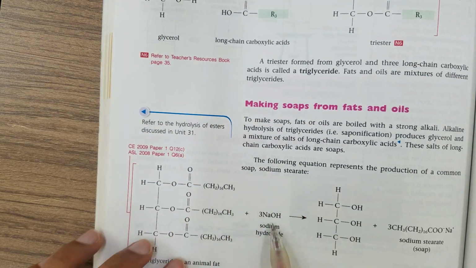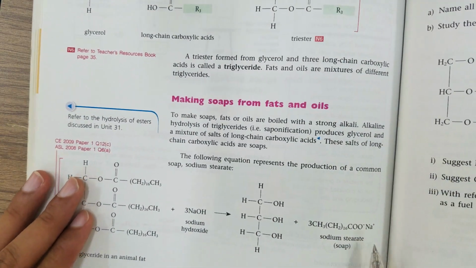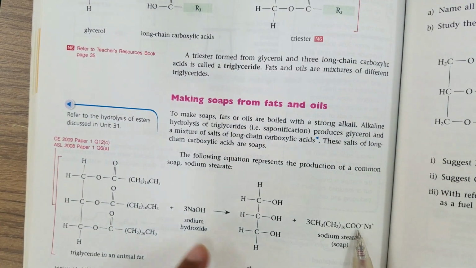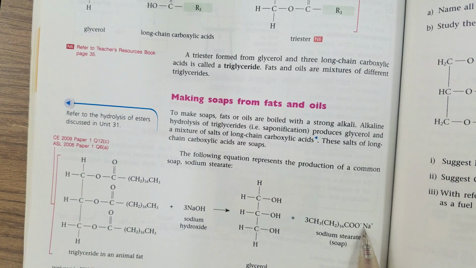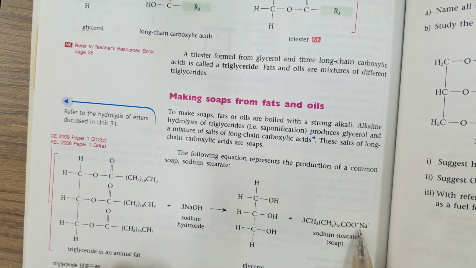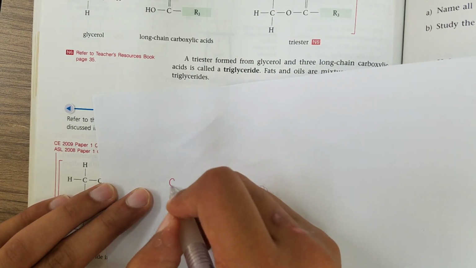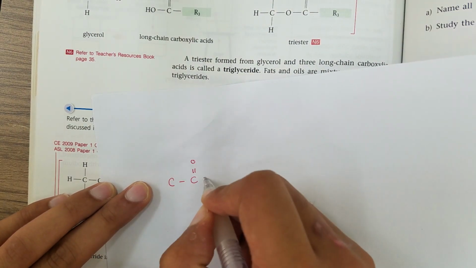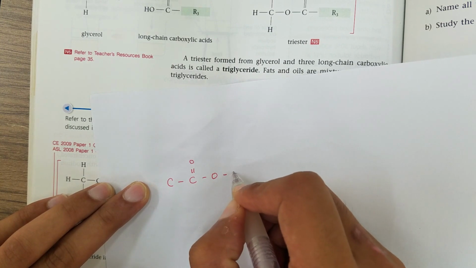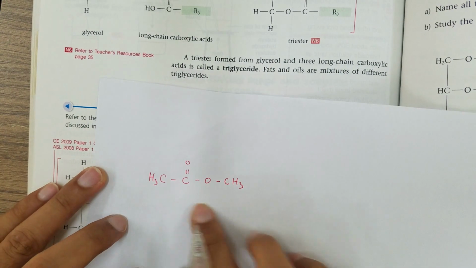Now since we're adding sodium hydroxide, we will get salt. If it's sodium hydroxide, we get salt. If it's acid, we get acid. Okay, let me repeat this concept. I think I have not mentioned this in the previous chapter, so please pay attention. If I have an ester, for example C-double-O-O and then C, I have an ester over here.